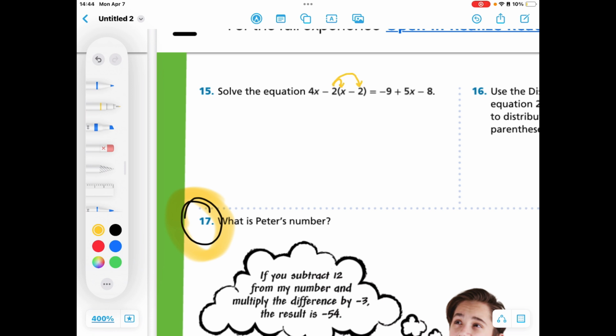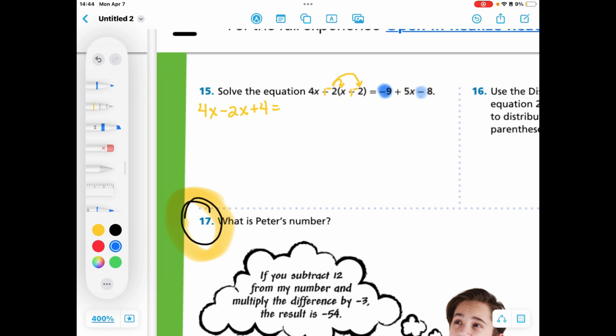I will have to distribute first. So this becomes a 4x. This is a negative 2, because you can do plus a negative. Negative 2 times x is a negative 2x. Negative 2 times that negative 2 is a positive 4. Equals, you can actually go ahead and combine your like terms.